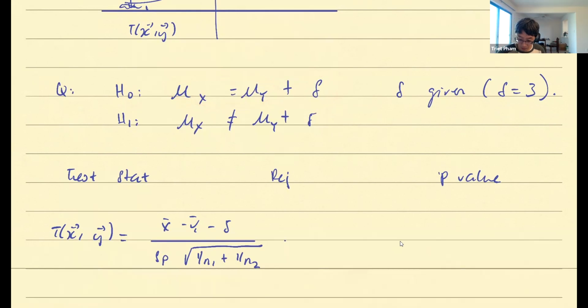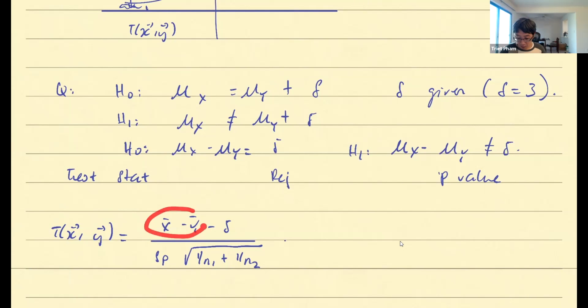This is exactly like the null, mu x minus mu y equals delta, against the alternative, mu x minus mu y not equal to delta. So actually, this is very much like the one sample mean test. It's exactly like a one sample mean test, except where you use x bar there, here you use x bar minus y bar. This is exactly your mu naught.